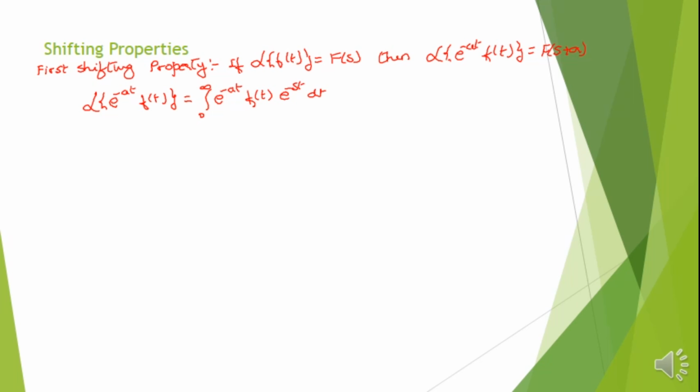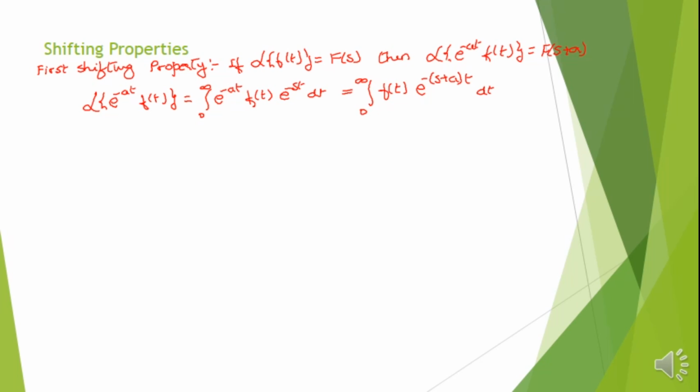Now e power minus at times e power minus st. So e to the power a into e to the power b is equal to e to the power a plus b. So based on that, this equation becomes integral 0 to infinity f of t e to the power minus (s plus a) into t dt.